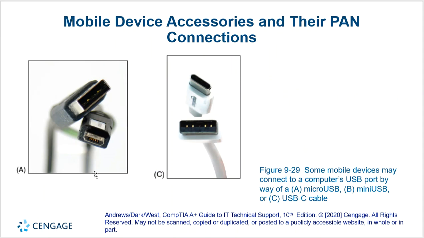So we had our micro USB, and that was for Android, and that did the job, but USB-C is so much better. The data throughput that you can get through USB-C is huge.